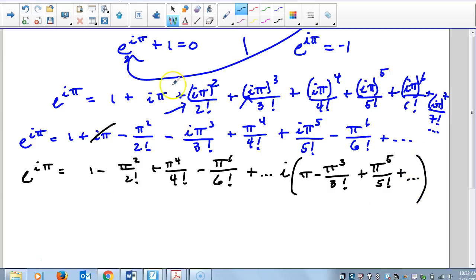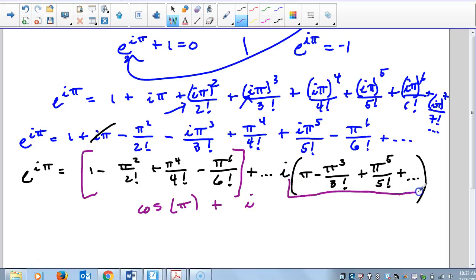Now hopefully you recognize what this is. This is cosine, right? Even powers. So this is just cosine of pi. It was cosine x where we substituted in pi. Plus i times, hopefully you recognize, oh my goodness, that is sine pi for the same reason. You recognize these powers; it starts with 1.